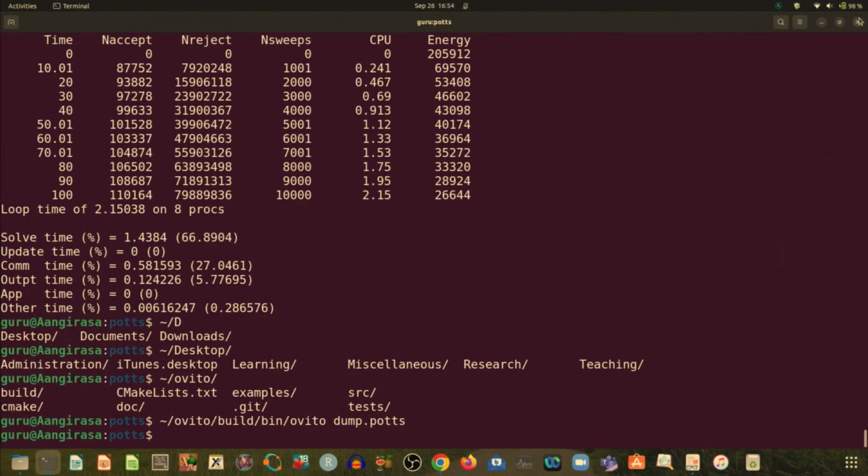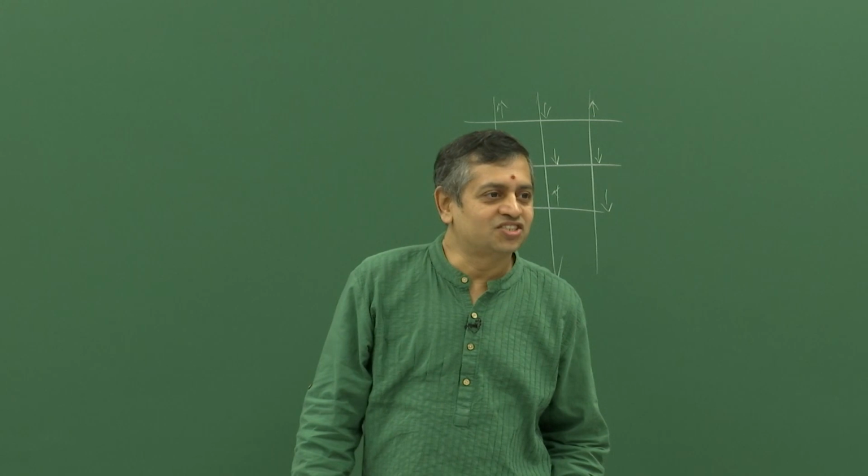Which ensemble is this Monte Carlo in? This is a rigid lattice, right? No pressure. We have a constant temperature, constant number of particles. We can assume that because we haven't put any pressure term, the pressure is 0. Volume also is constant, so it's a rigid lattice.